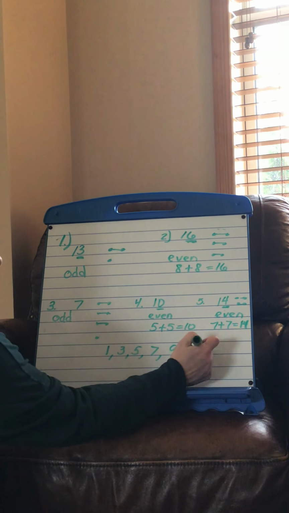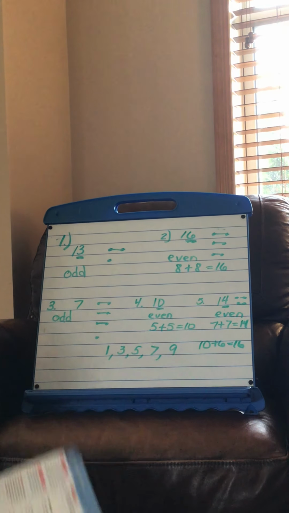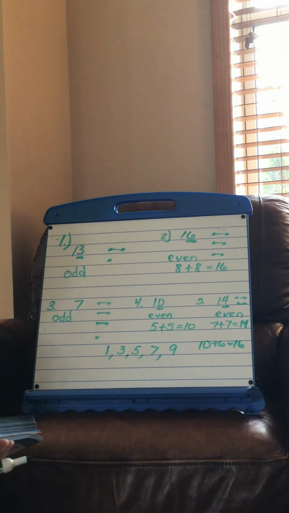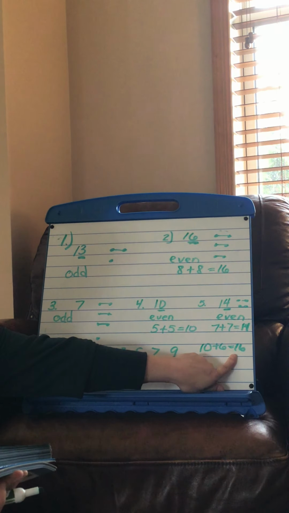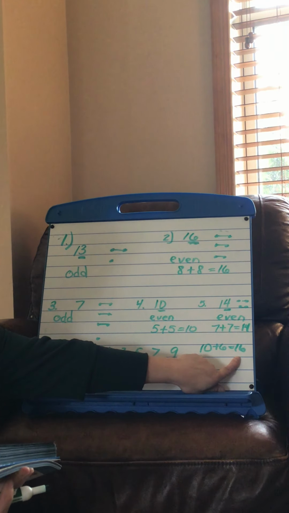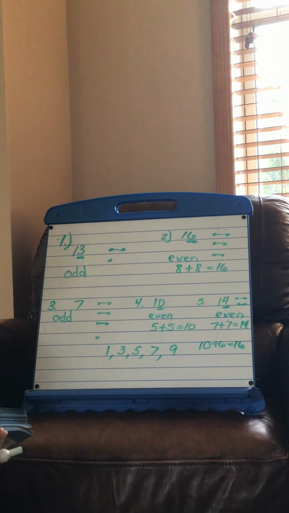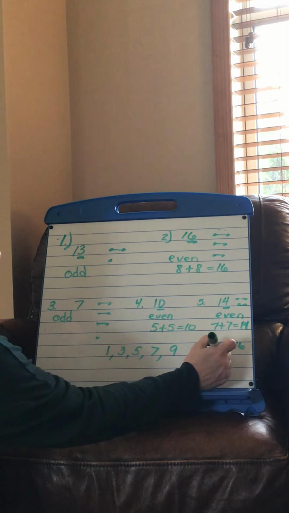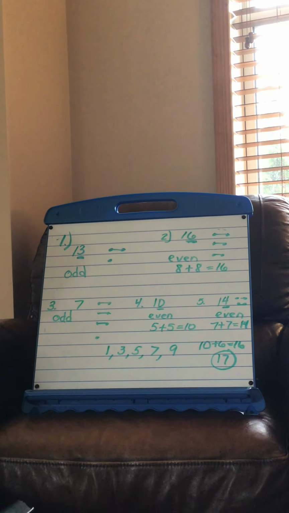So I have tens, and if I add 6 to it, I get 16. Okay, what is Lydia's mystery number? Now 16 is not an odd number. So what number close to 20 would be an odd number? We would say it would be 17. So 17 would be Lydia's number.